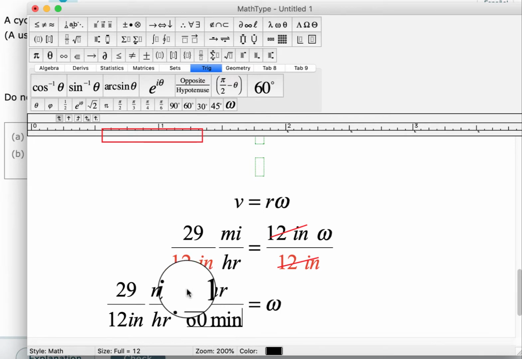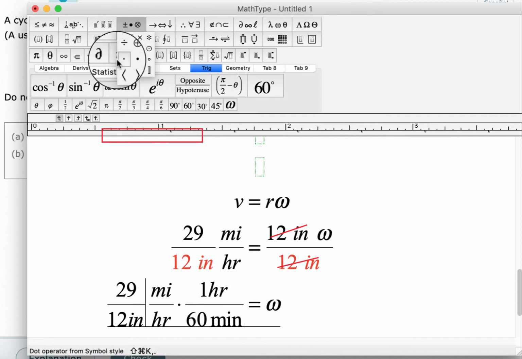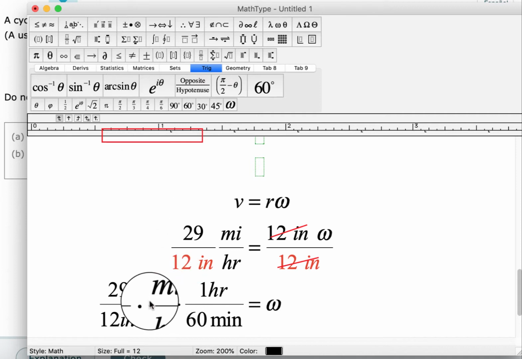So now I have the hours taken care of, but now I've got this miles inches. Well, I know that miles has a relationship with feet, and I also know that inches has a relationship with feet. So I'm going to multiply to convert the inches into feet. I know that 12 inches is equal to 1 foot.